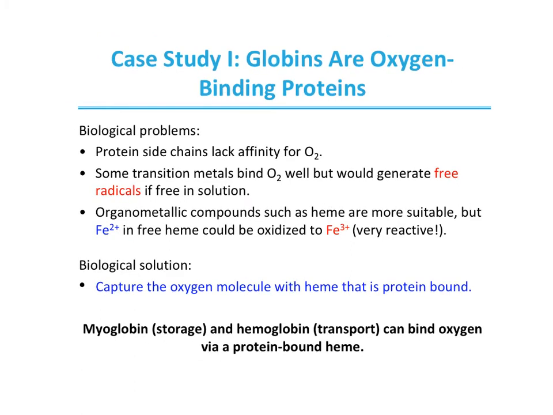How do proteins bind oxygen? Well, the side chains lack affinity for oxygen, so that is not how they bind them. Instead, prosthetic groups such as heme are used, which contain an iron atom that will coordinate to an oxygen molecule. And both myoglobin and hemoglobin bind oxygen via a protein-bound heme.